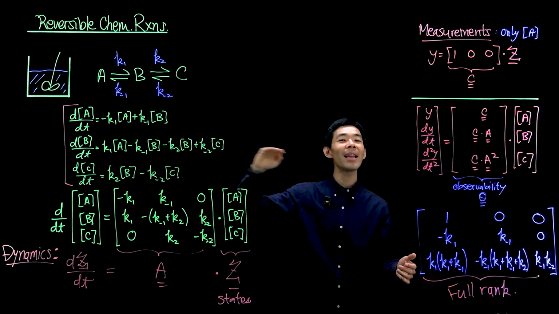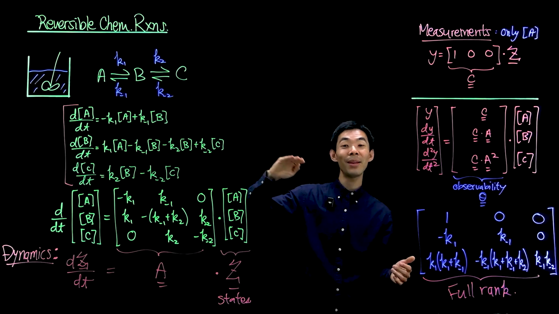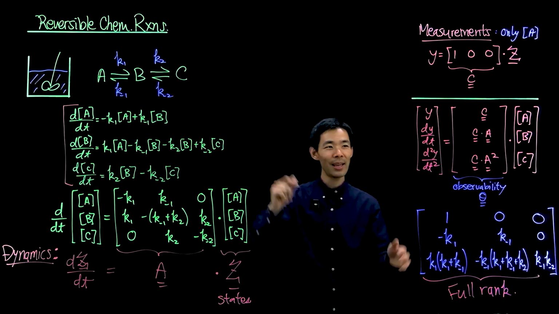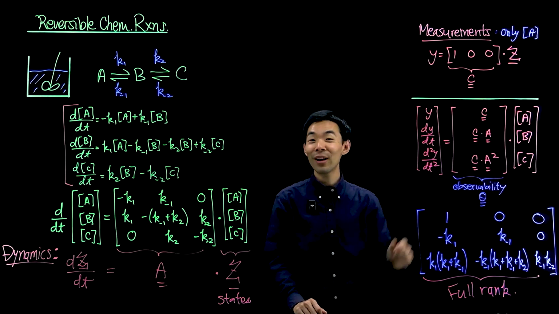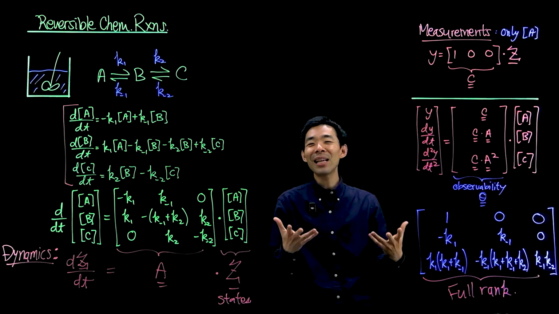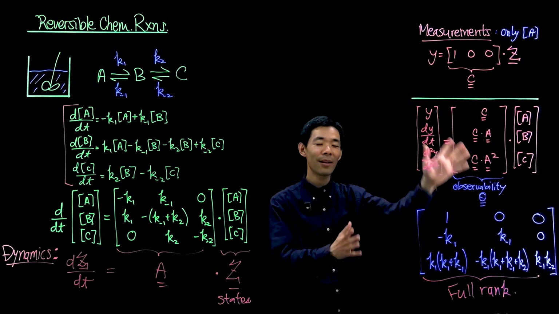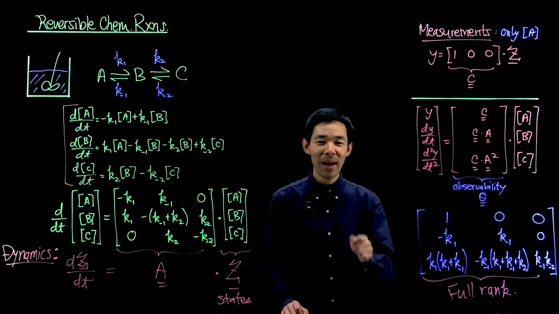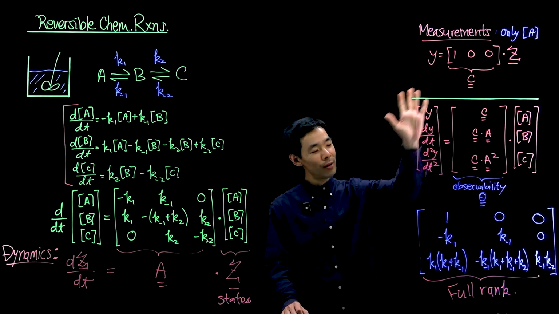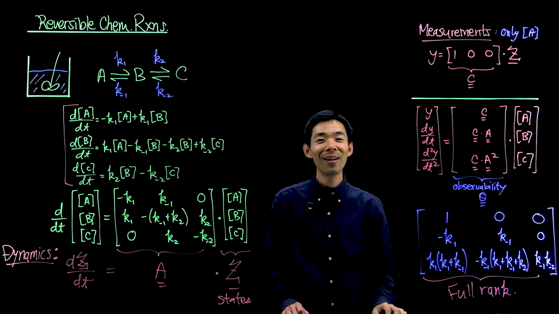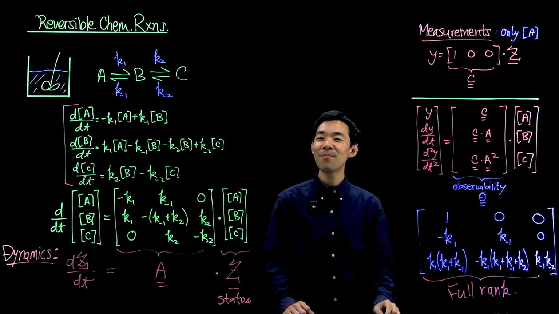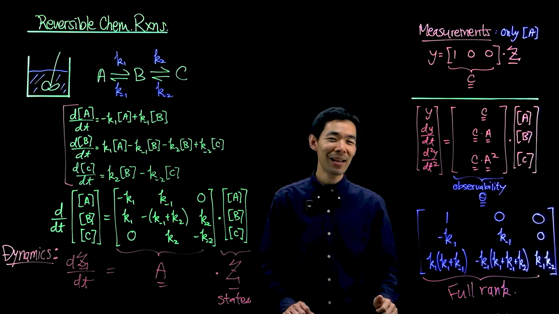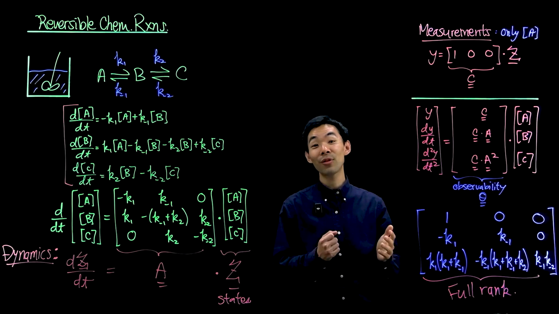Let's just measure A in time and do a time embedding of current A, past A, to past A. And then magically, you're able to determine things that you actually never even measured. That's what this is showing us. So let's go over to the MATLAB code, because I wanted to show you this in actual use of measuring concentration of A to determine B and C components as well, which you never measured to begin with.